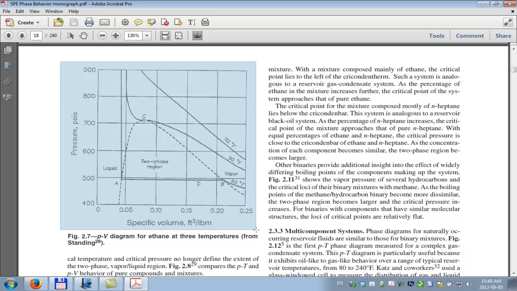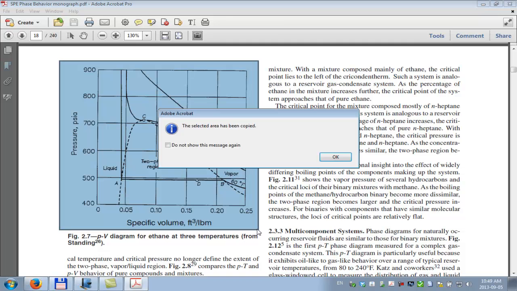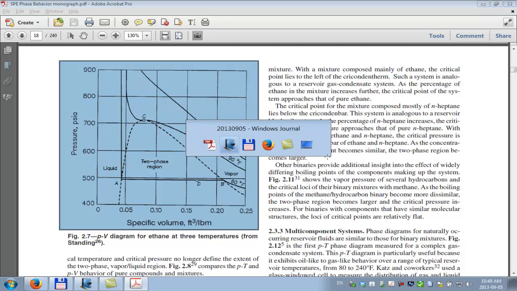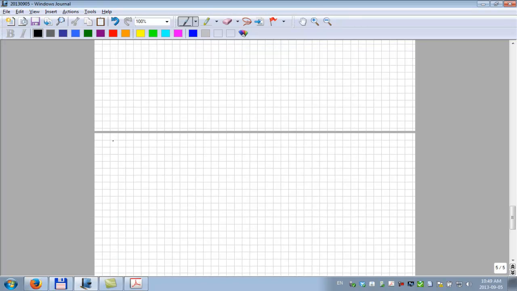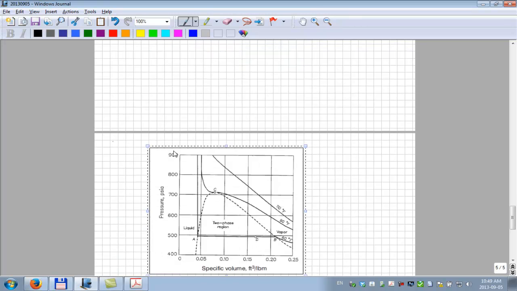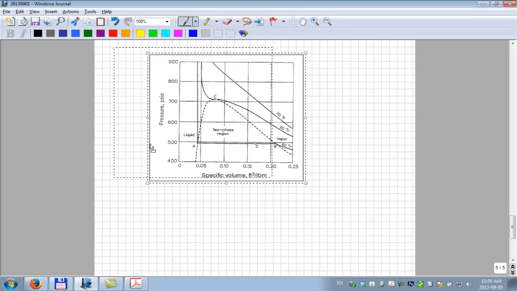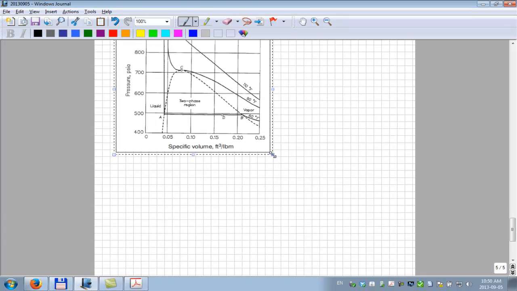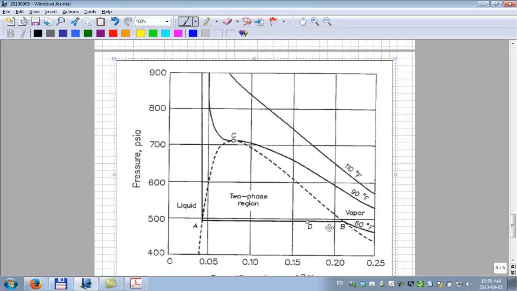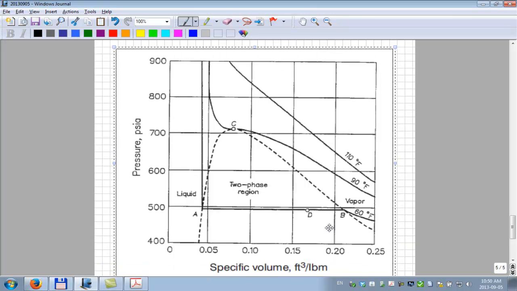I'm going to bring this one more time, and I'm going to show you what the equation of state does, just because you must be curious.